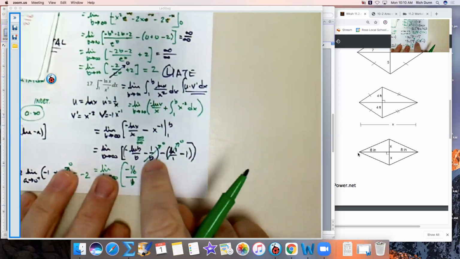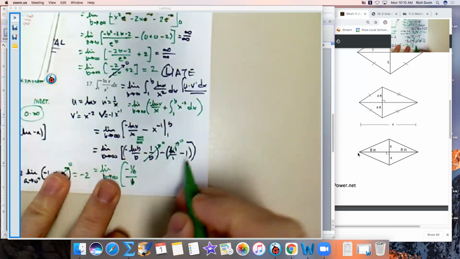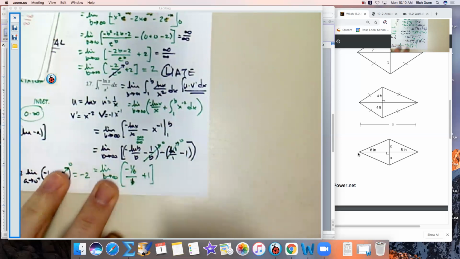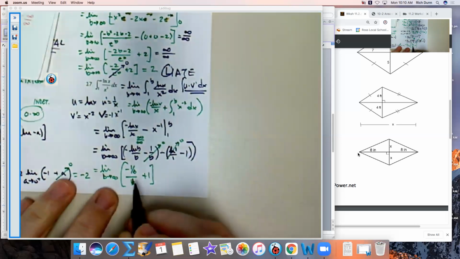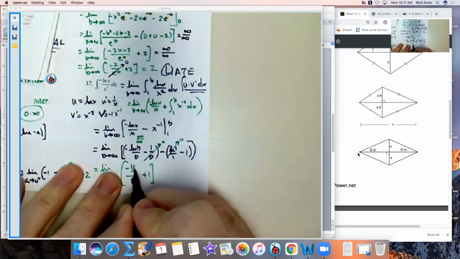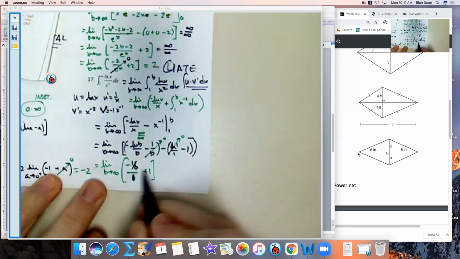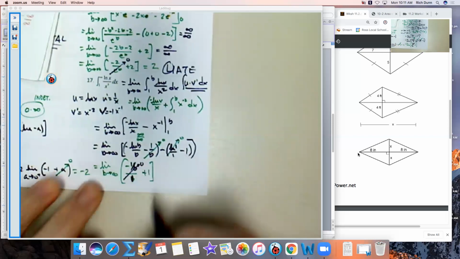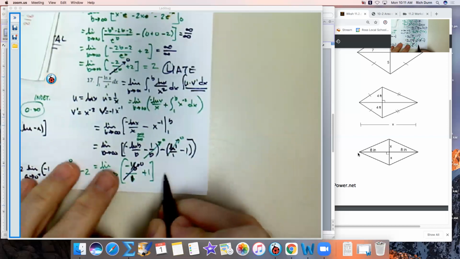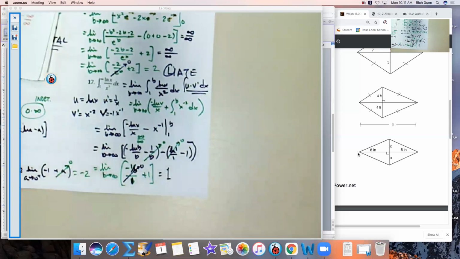Remember, this one was 0. This one was 0. I'll distribute this negative, so this should be plus 1. When we evaluate this, the derivative of b is a 1, and this is 1 over b. When we evaluate this at infinity, 1 over infinity means this term is going to 0. And as a result, we get 1.